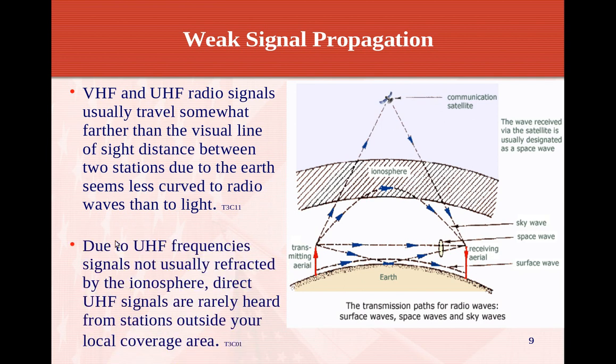Due to UHF frequencies not usually being refracted by the ionosphere, direct UHF signals are rarely heard from stations outside your local coverage area. It tends to go straight in a line, goes right through the ionosphere, and the curvature of the Earth is going to be your limitation to UHF.